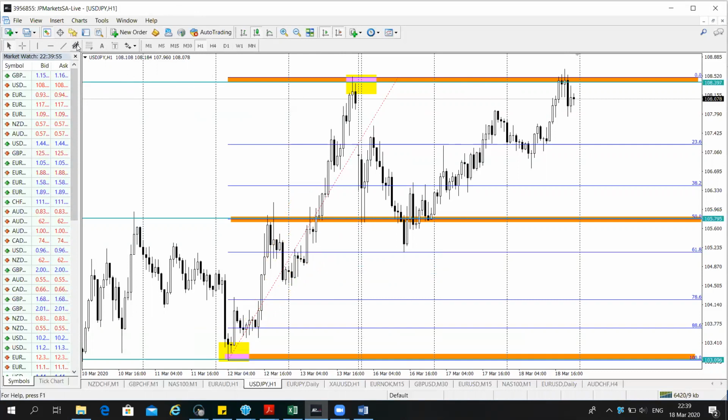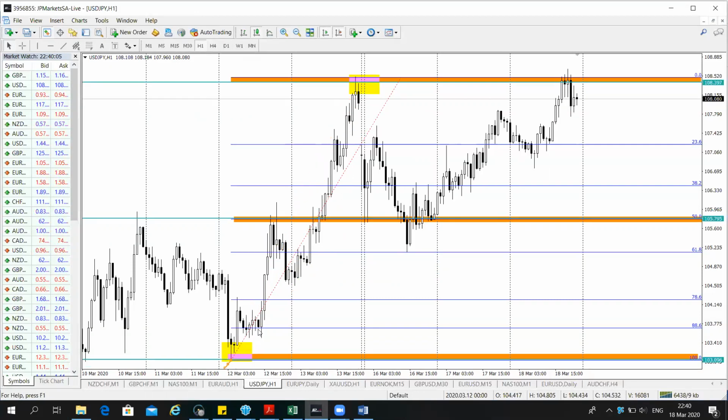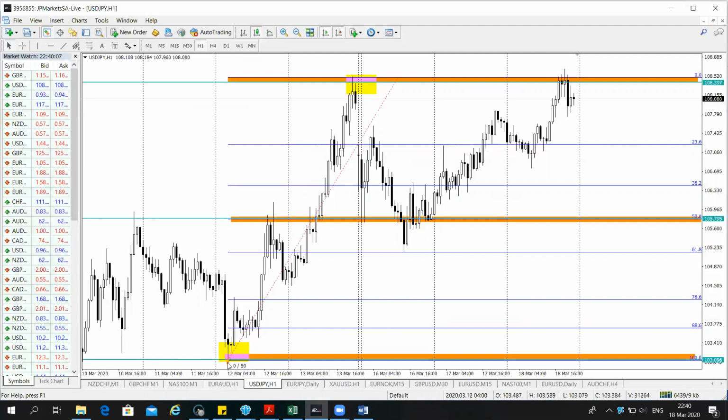I have to first calculate the range here, the pip range. So by dragging my trend line from this bottom here all the way to the top there, you can see the calculation on the side, 5422, right?